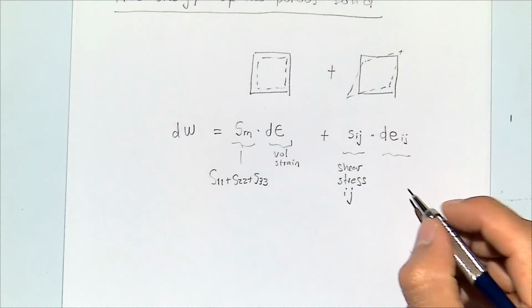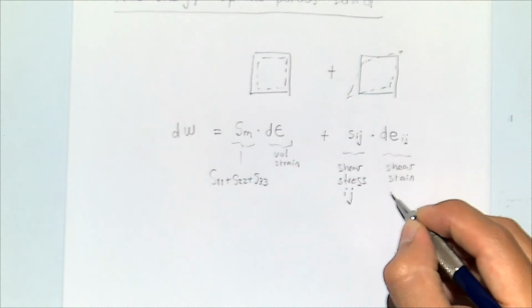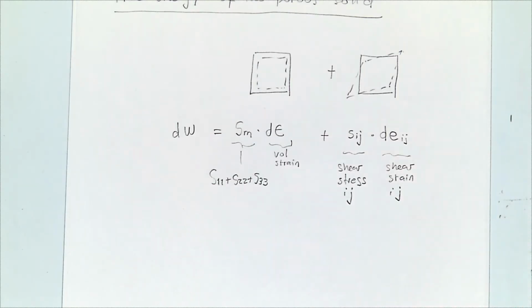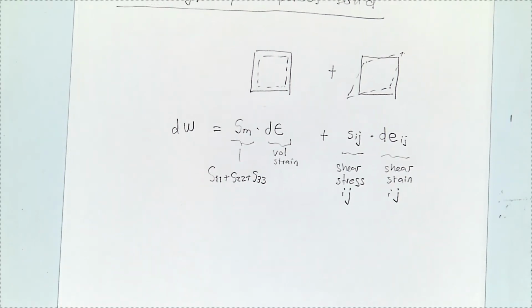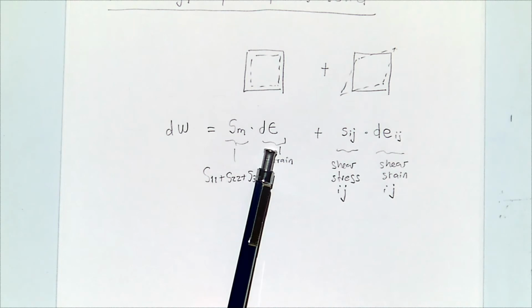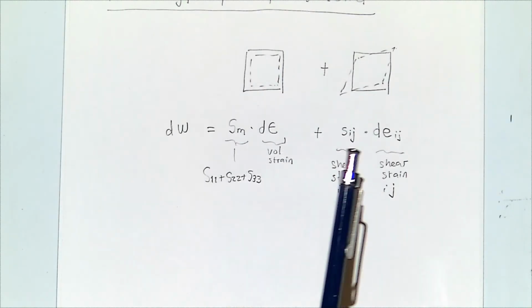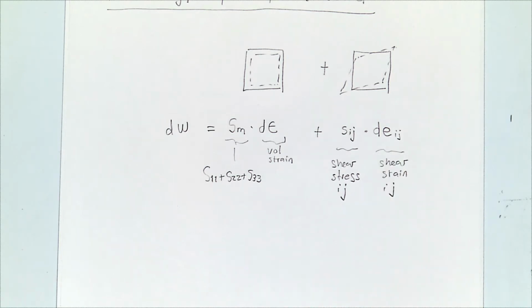And this one is going to be the shear strain ij. Remember, we're talking in 3 dimensions. We are simplifying the problem here by partitioning the volumetric strain and the shear strains, but all the time we're talking in 3 dimensions.